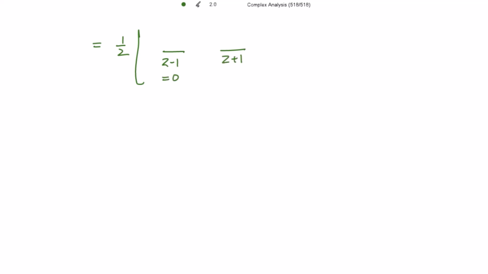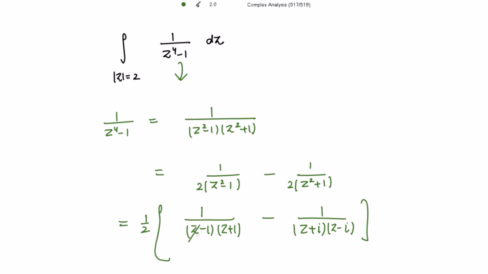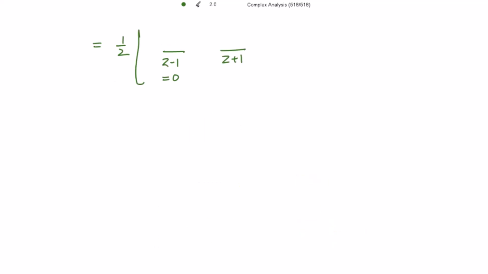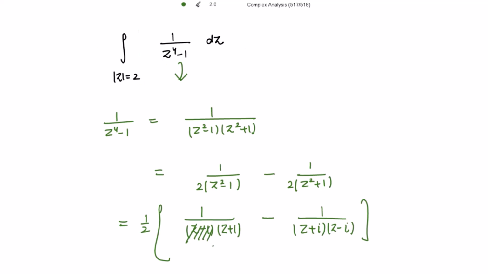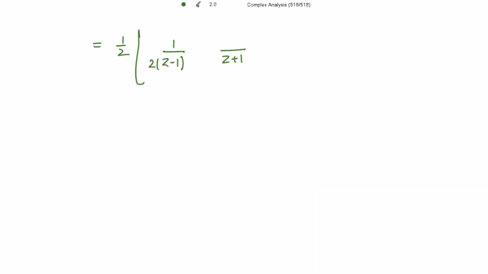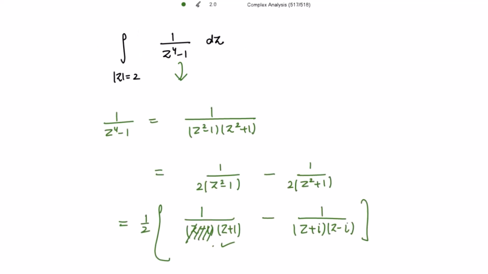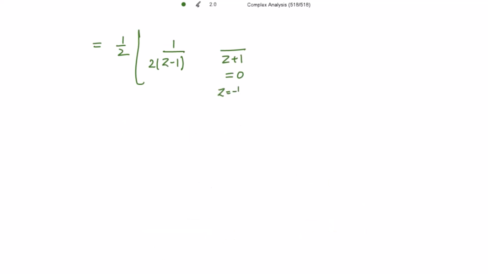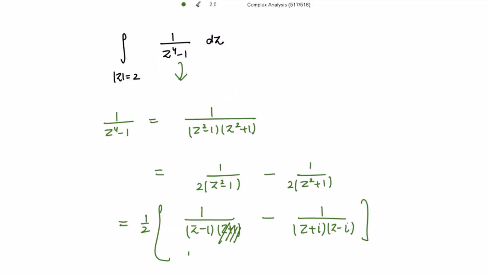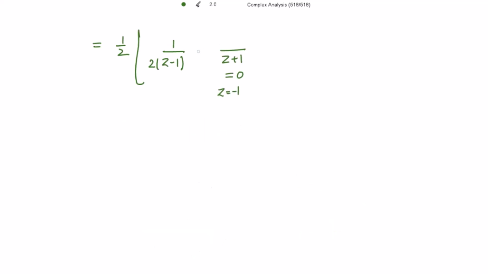When taking z − 1 equal to 0, hide z − 1 from the bracket and put z = 1 here. We get 1 divided by 2. And when taking z + 1 equal to 0, hide z + 1 from the denominator. We have here z = −1. When putting z = −1 over here, what do we get? Minus 1 by 2. So writing here minus 1 divided by 2.